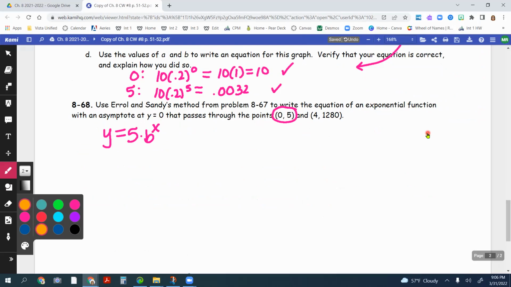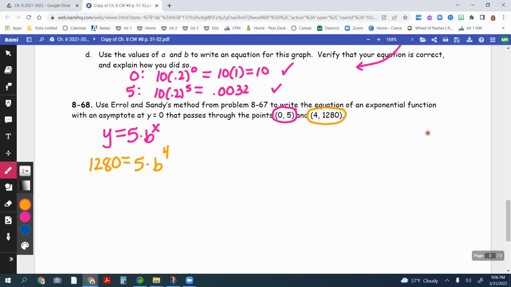And then we're going to put in this point for my x and y. So 1280 is equal to 5 times b to the 4th. We're going to divide both sides by 5. And when we divide by 5, we end up getting 256 is equal to b to the 4th.